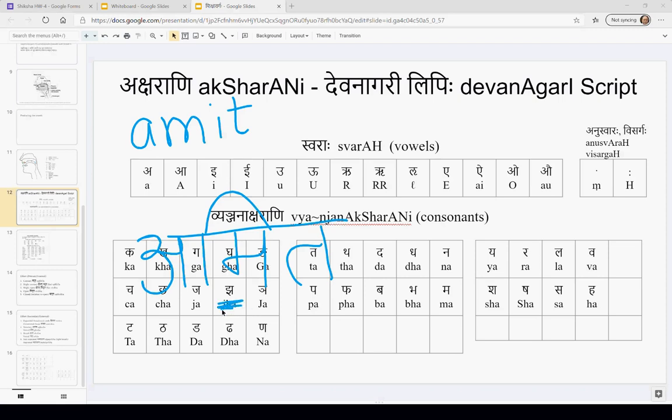So here there is a E sound in between. The E sound is riding after this Ma consonant. Ma is a consonant, after that there is a E sound, and they have to be pronounced together. So how do you pronounce Amit? Let me add this O also at the end, because there is an O at the end, Amita.